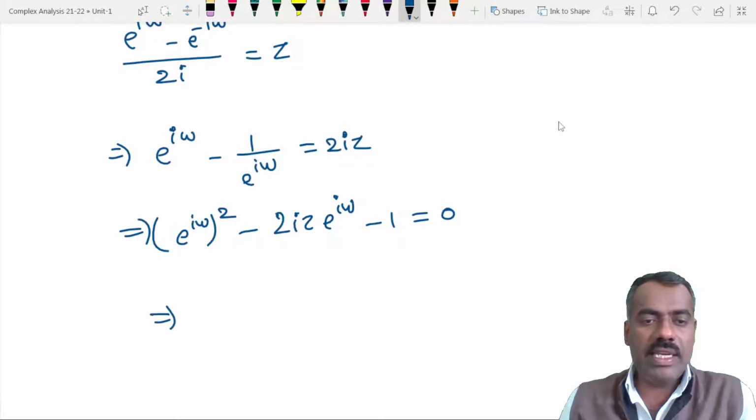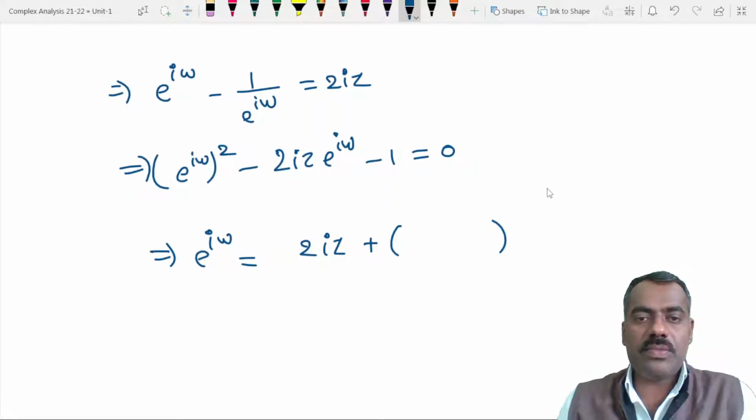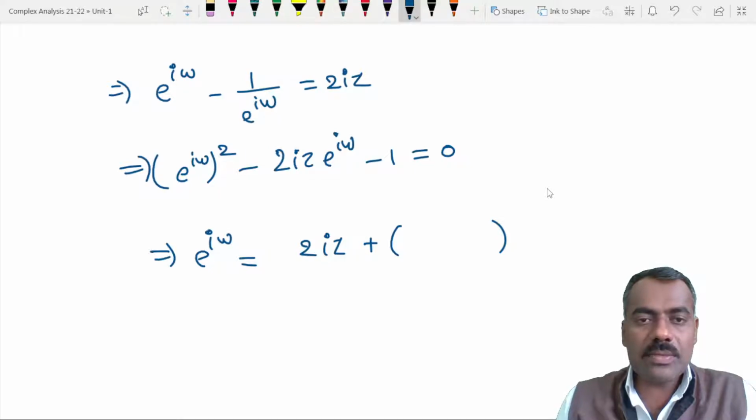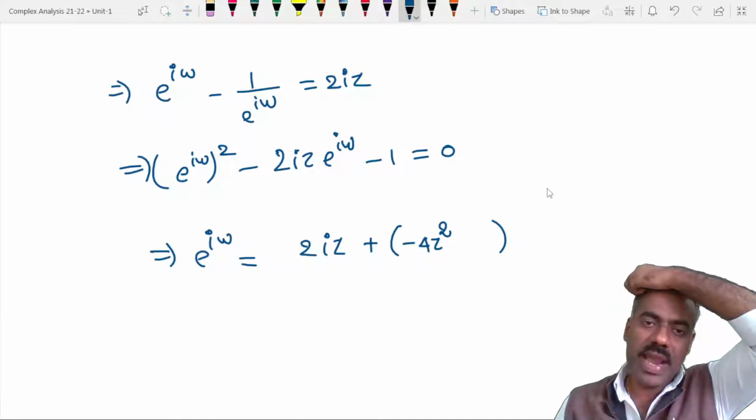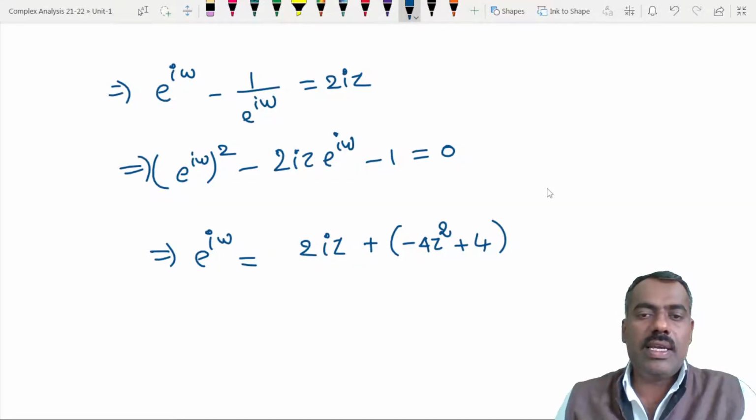The roots we get are e^(iw) equal to minus b, which is 2iz, plus or minus the square root of b squared minus 4ac. You need not write plus or minus, because the square root is multi-valued. b squared is 4 z squared i squared, so it is minus 4z squared, and minus 4ac gives plus 4, whole power 1 by 2.